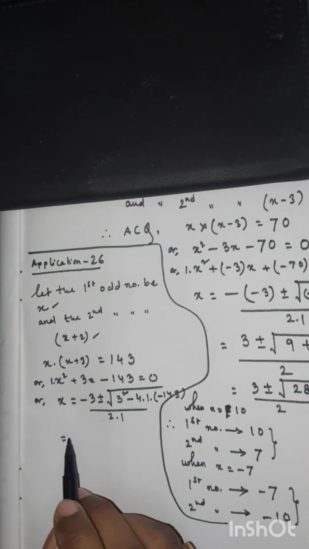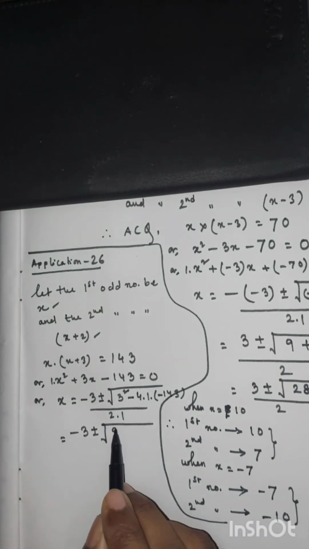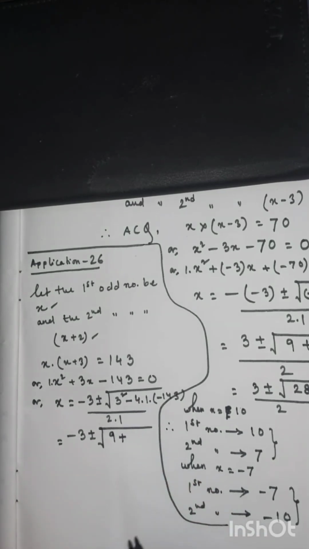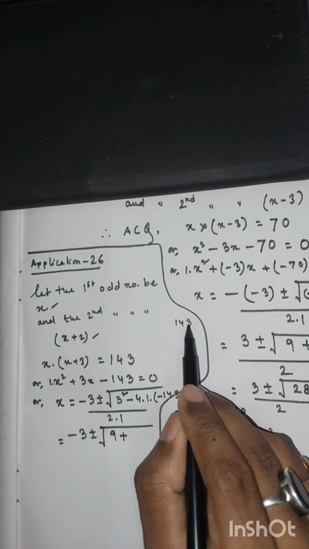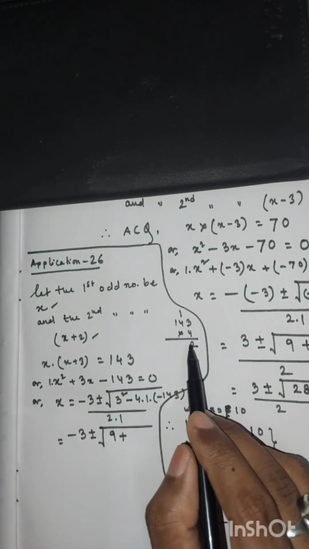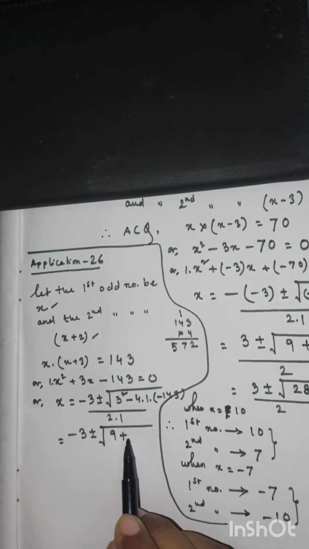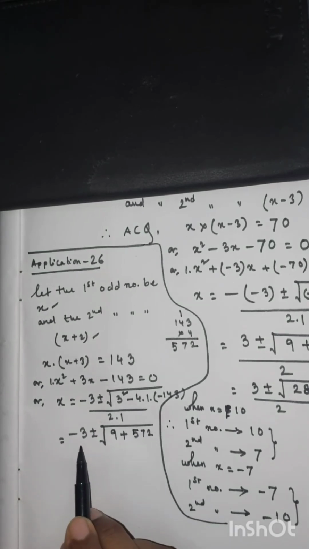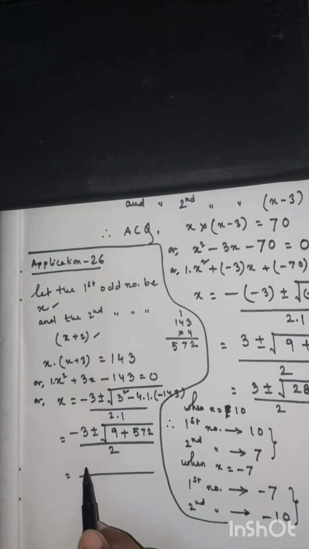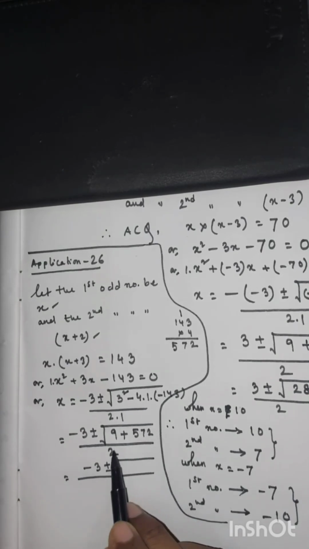Now minus into minus plus 143 into 4, so 572 plus 9, that is 581.